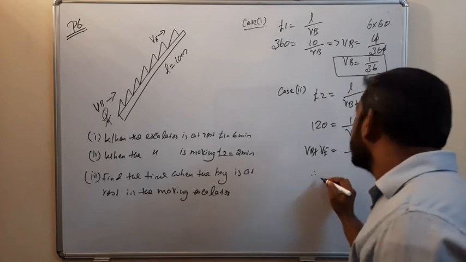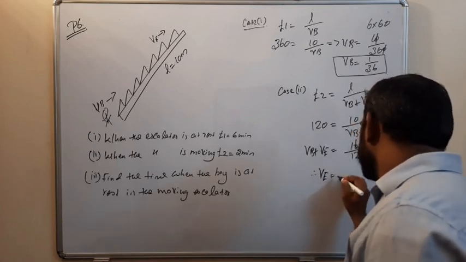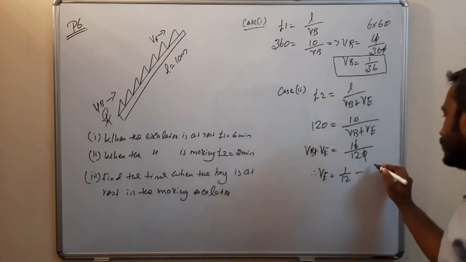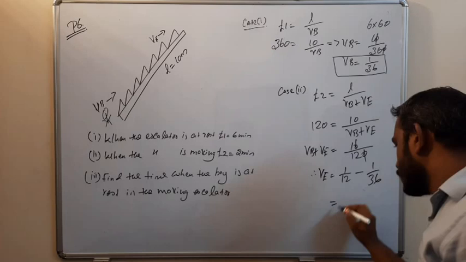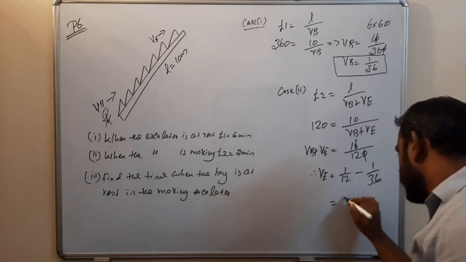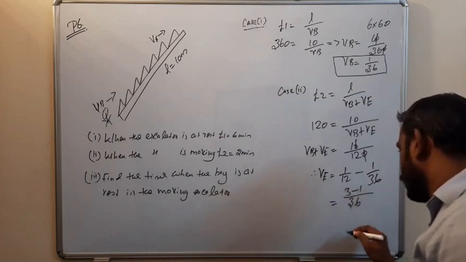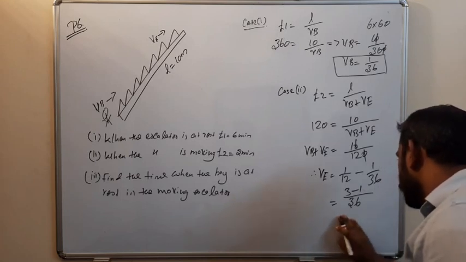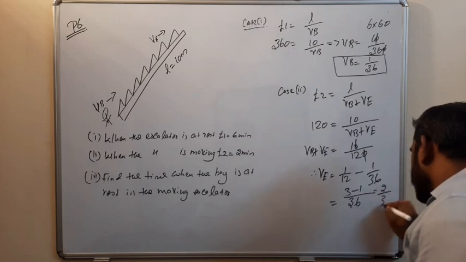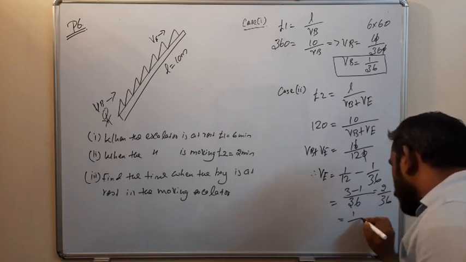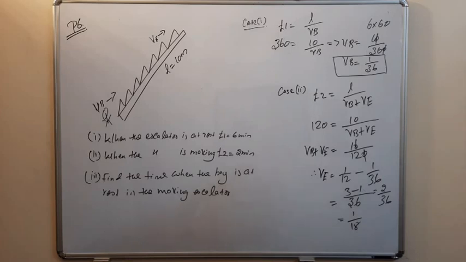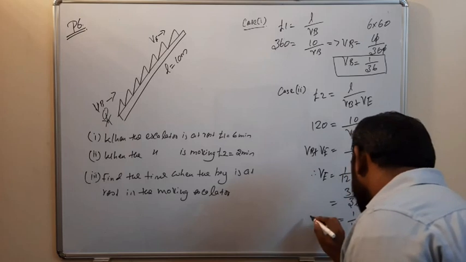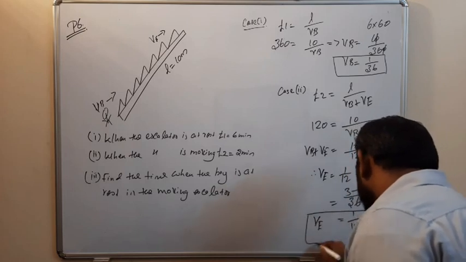So from this, V is equal to 1 by 12 minus VB, and the value of VB is 1 by 36. LCM 36, 3 minus 1, so 2 by 36, that's equal to 1 by 18. So V is equal to 1 by 18.